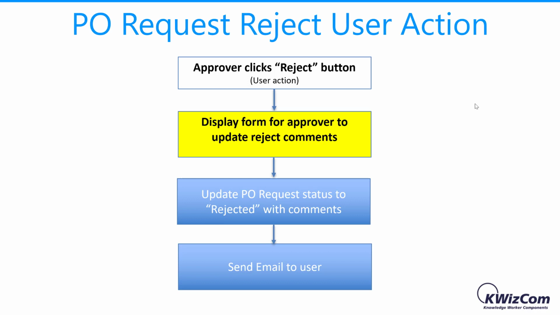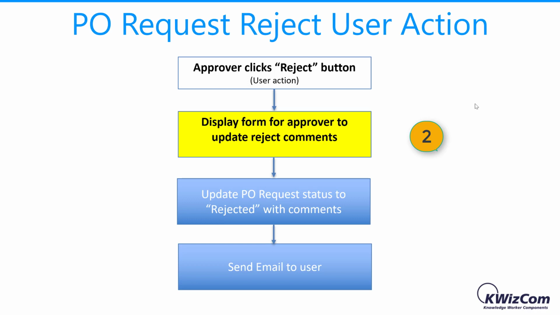So the flow in this user action should be: first, the approver will click a reject button. This will be a user action that will show this button. Then the user will be redirected to this custom form, which is specific for this custom action, showing him only the comments field.